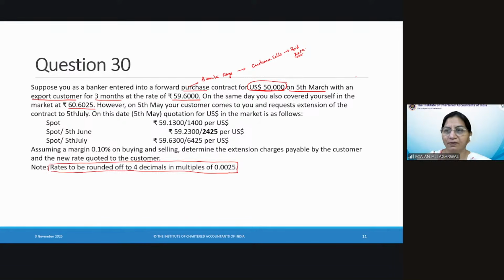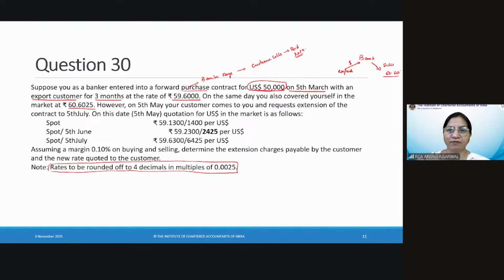Now, let's say you are the bank here. Exporter is here. So exporter will pay you dollars. So bank also said, I will also cover myself. That means on the same day, whatever the dollars it will receive from the customer, it will sell. Bank has also entered into a sell contract. So 60.6025. Indirectly, bank has got an arbitrage position here.